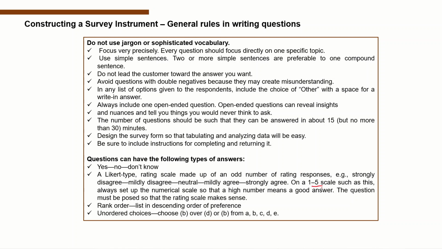Maybe a rank order, from descending order of preference, or an ordered choice, like choosing B over D. Maybe you want to have open-ended questions, but you cannot put in too many, because the customer may not be willing to answer by giving long sentences.